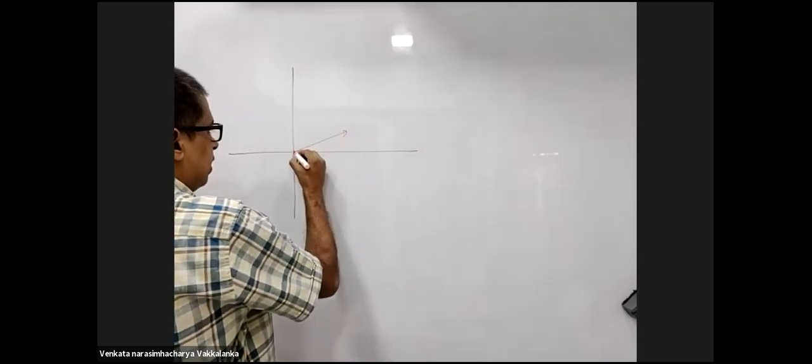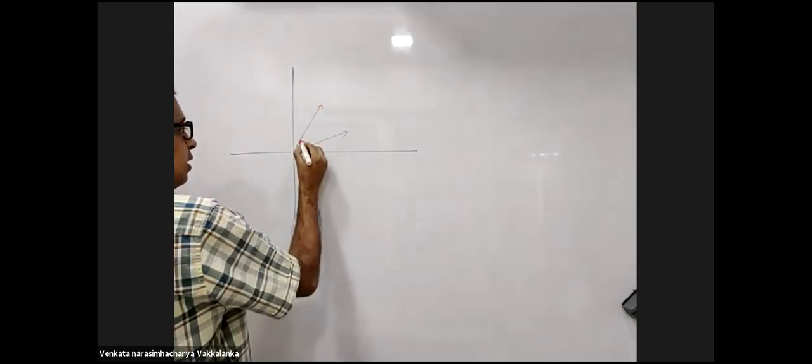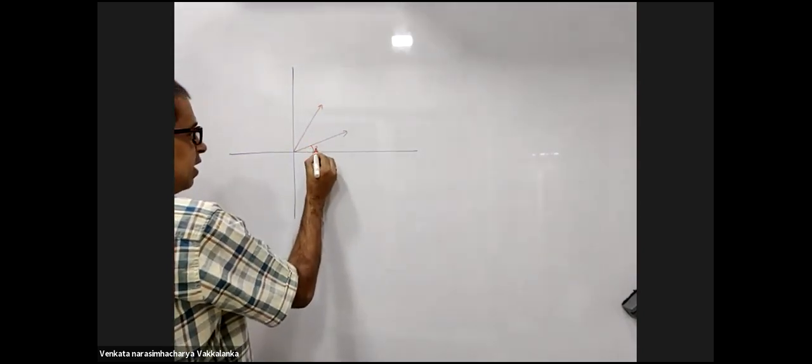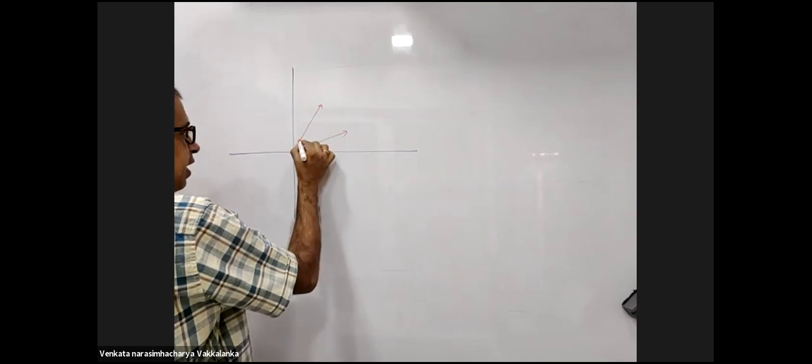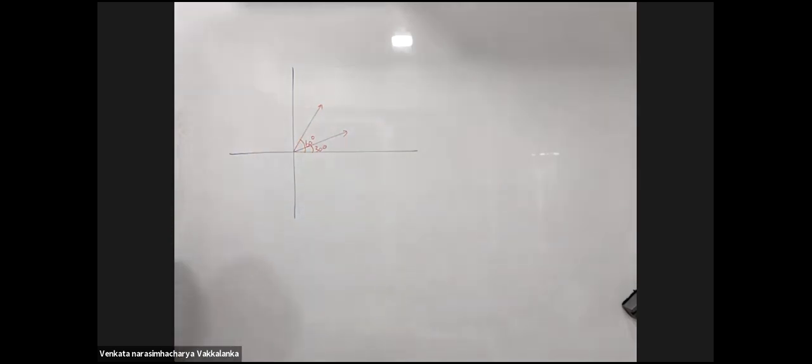This is a vector A, this is a vector B. Let this angle be 30 degrees and let this angle be 60 degrees. First vector makes an angle of 30 degrees with the x-axis. Second vector makes an angle of 60 degrees with the x-axis.